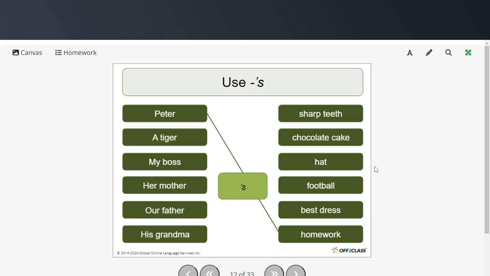Okay, so we can use apostrophe S to make some phrases here. So Peter's homework, a tiger's sharp teeth, my boss's hat, her mother's best dress, our father's football, and his grandma's chocolate cake.